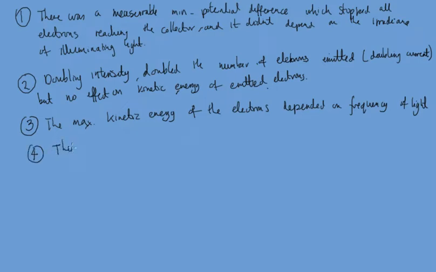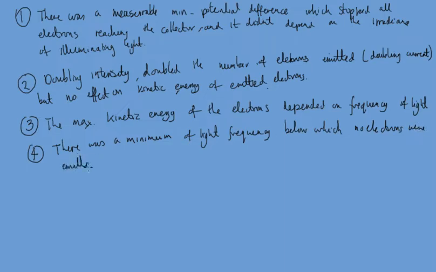Fourthly, there was a minimum light frequency below which no electrons were emitted. So classically, if you had a lower light frequency and just kept shining it, you would eventually see the electrons being emitted and you'd eventually reach your current.